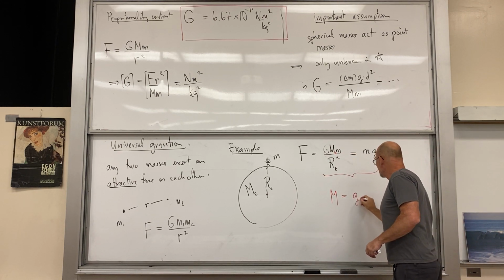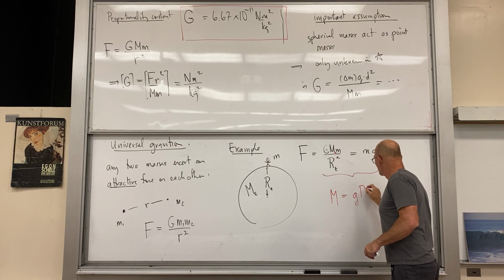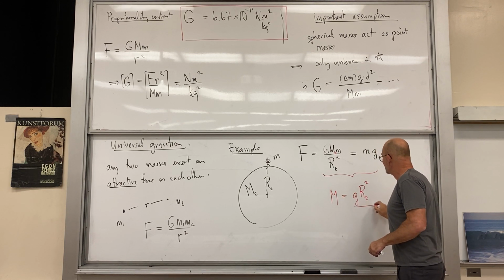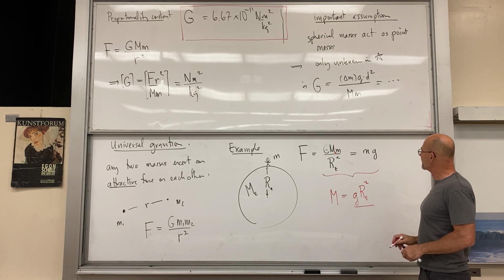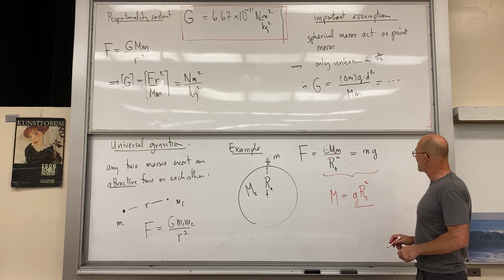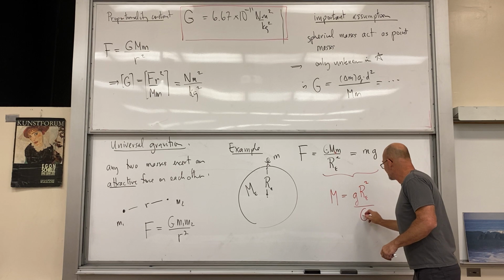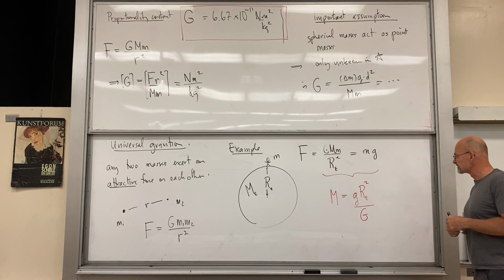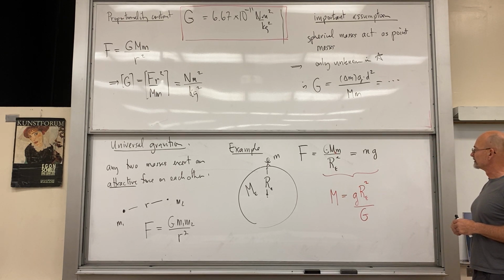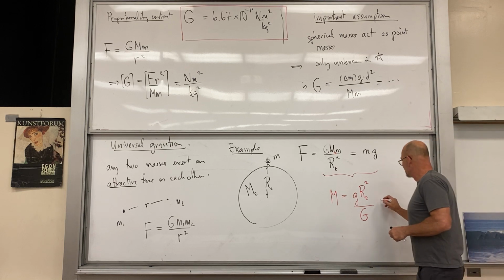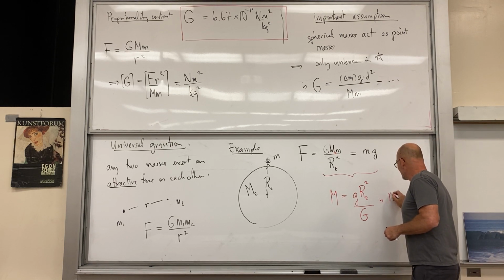So we have g radius of Earth squared divided by capital G. Is the mass of Earth.